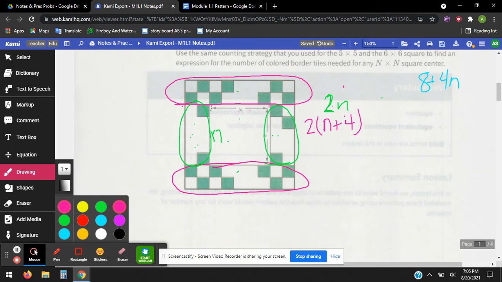So when you add these together, I have 2n plus 2n plus 4. So this is also an answer. Now, if I were to simplify this, I would get down to the 8 plus 4n. So this is kind of the simplest form of it. This is a little more complicated form, but it all works. So they're all equal. So lots of ways you can look at this.